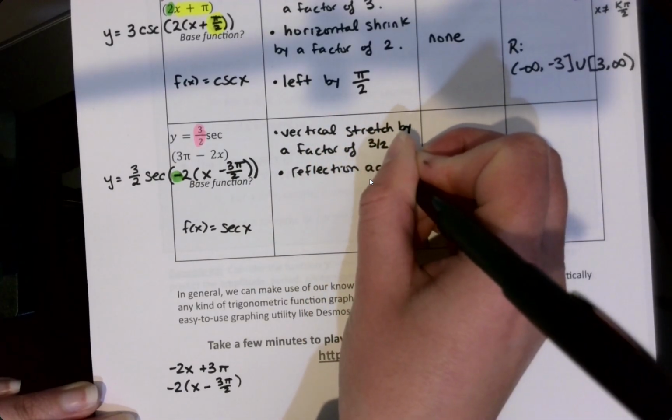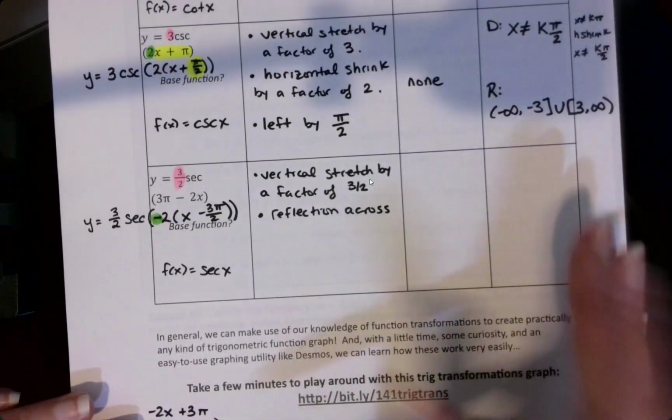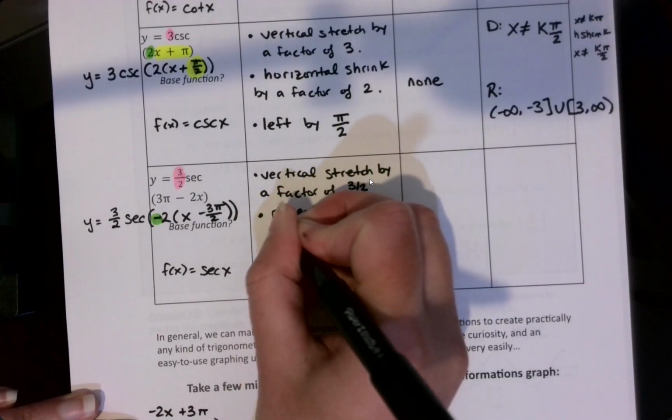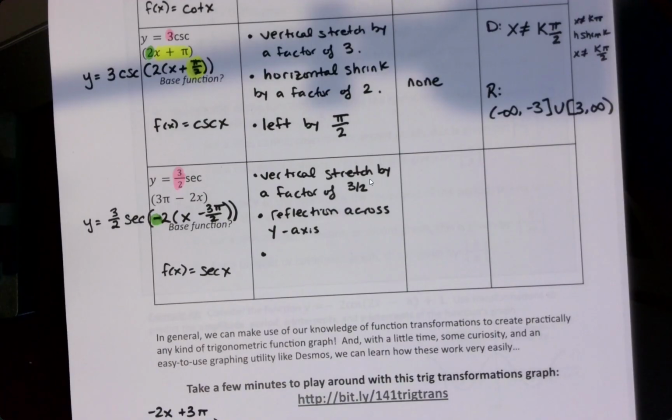Most of our reflections from negative coefficients are across the x-axis. This one on the inside is a reflection across the y-axis. Then we have the 2 itself.